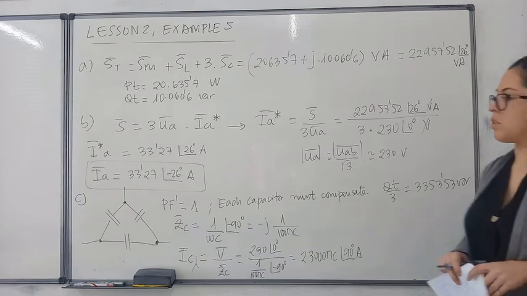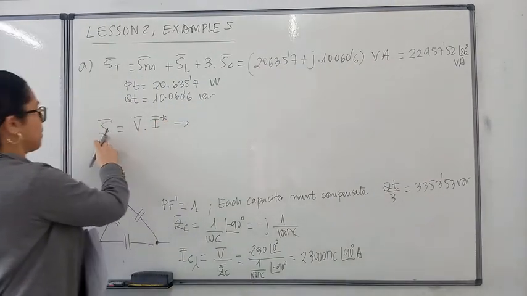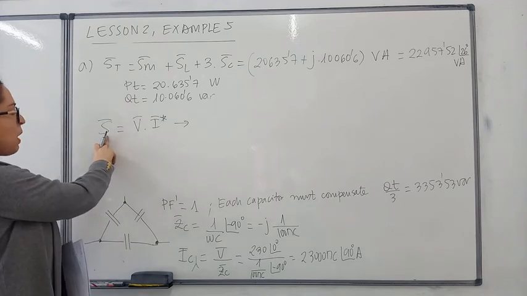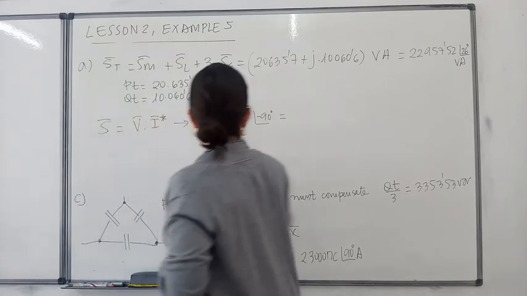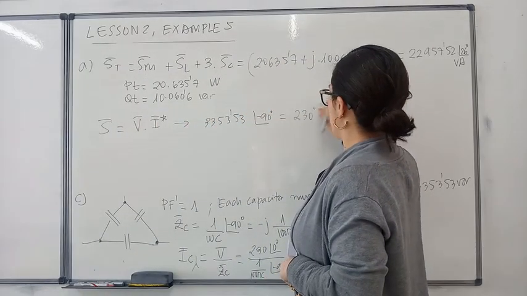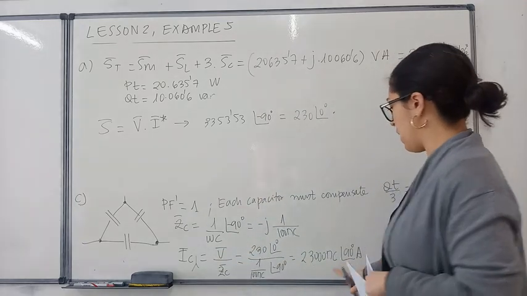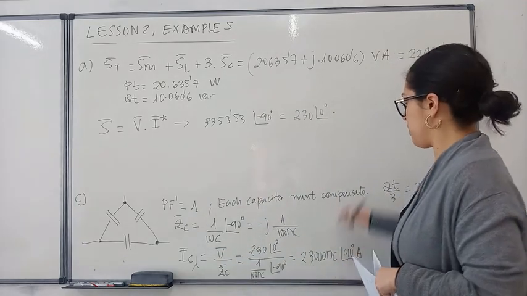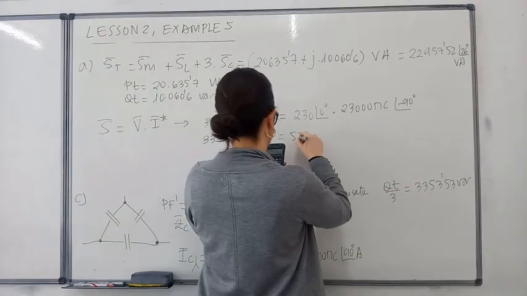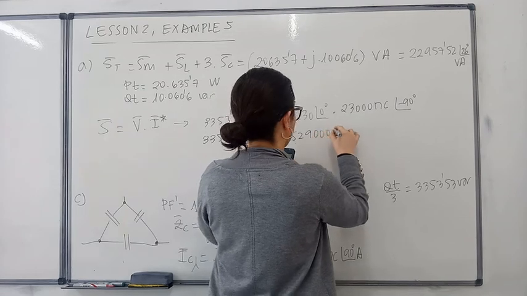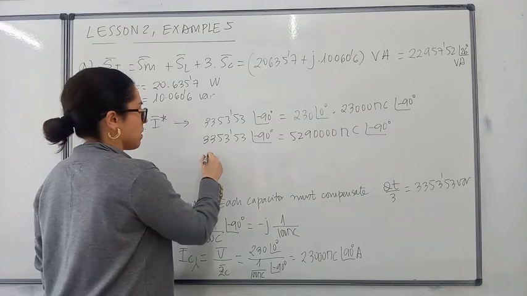After that, you use the expression of the power: the complex power of one capacitor should be the voltage, considering that we are in star connection, multiplied by the conjugate of this current. If you group the values, you will get this.